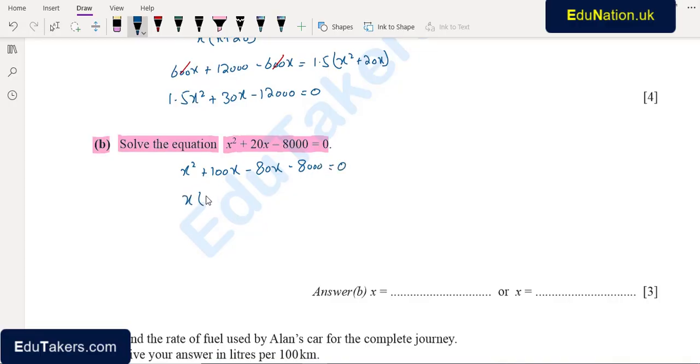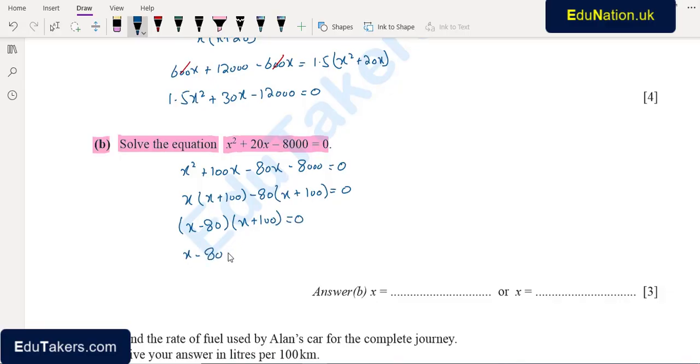Now taking x as common, x plus 100, taking minus 80 as common, x plus 100 is equal to 0. Now x minus 80 into x plus 100 equals 0.